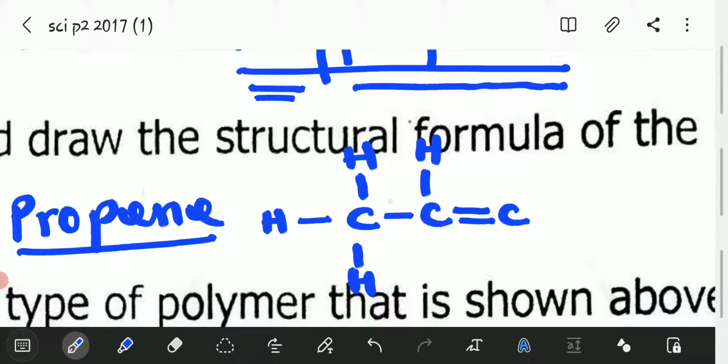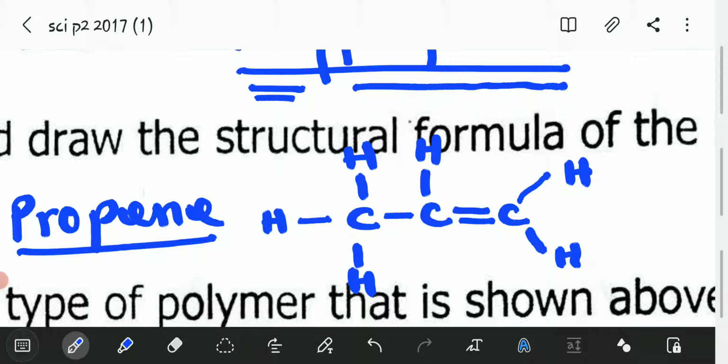So we have 1, 2, 3, 4. Around each carbon there should be 4. For the last one here, we are going to have 2 hydrogens like that. So this is the structural formula of the monomer.